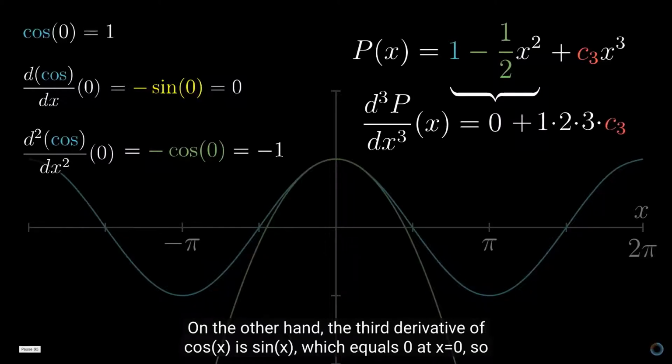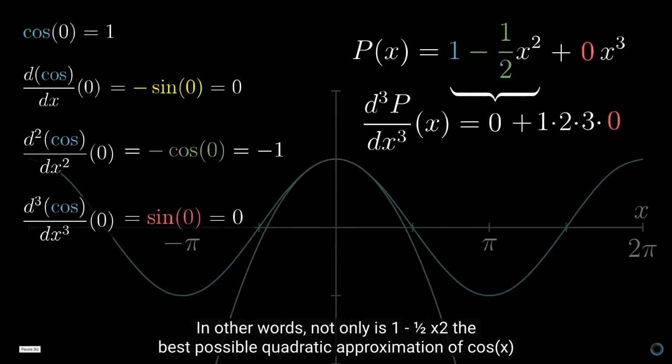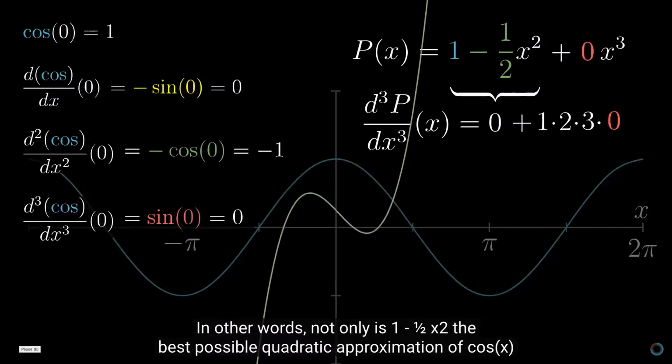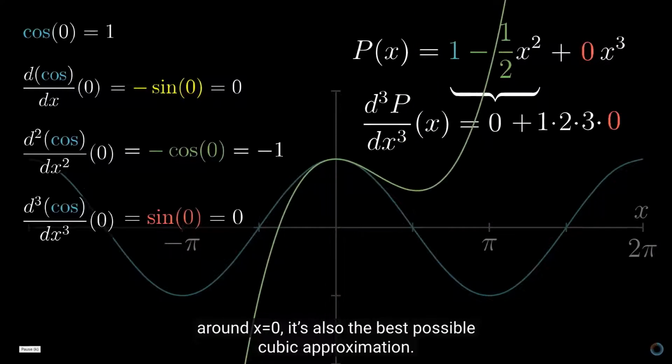On the other hand, the third derivative of cosine x comes out to sine of x, which equals 0 at x equals 0. So to make sure that the third derivatives match, the constant c3 should be 0. Or in other words, not only is 1 minus 1/2 x squared the best possible quadratic approximation of cosine, it's also the best possible cubic approximation.